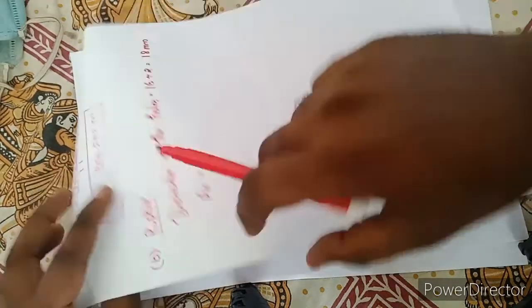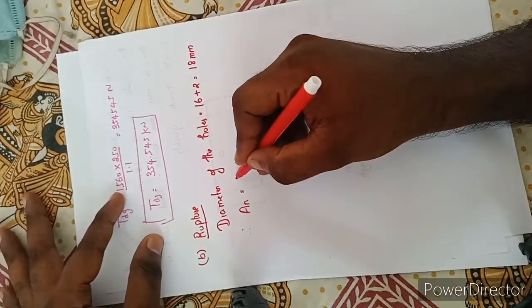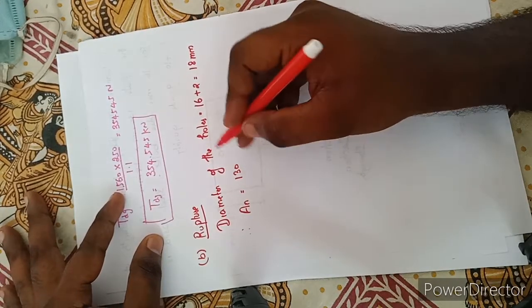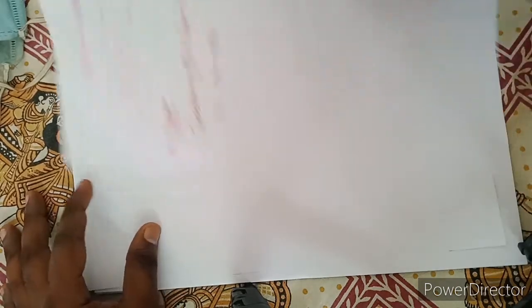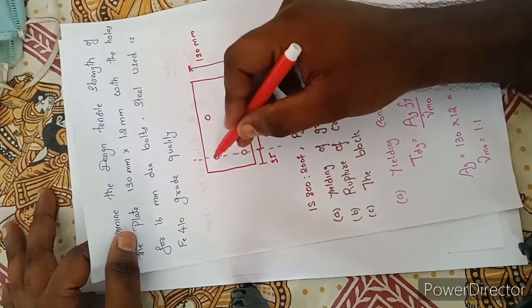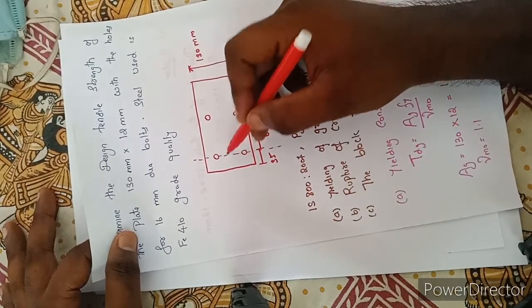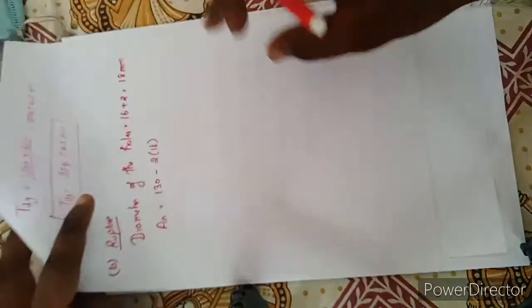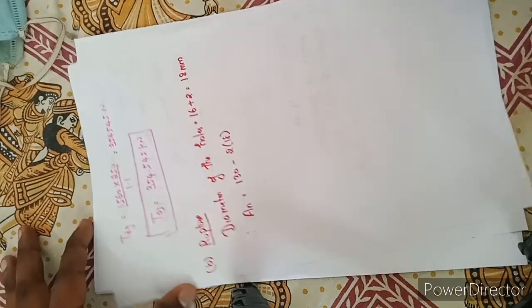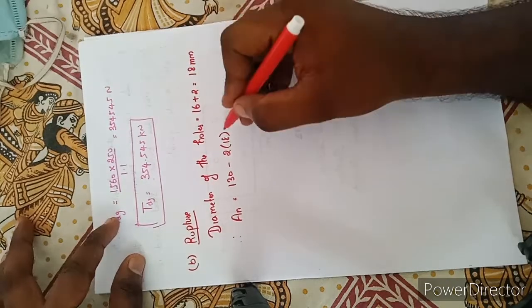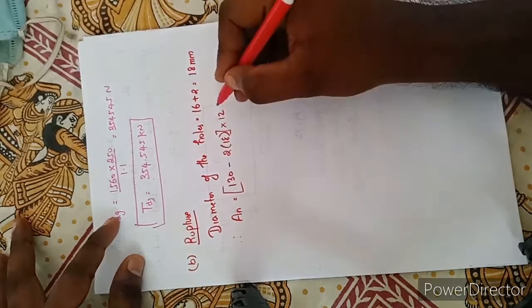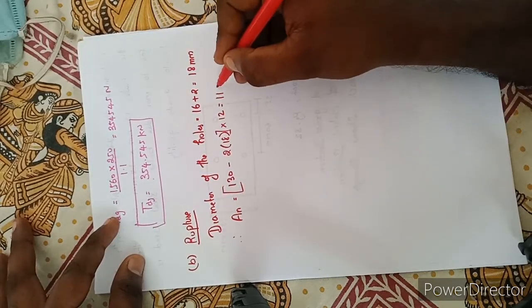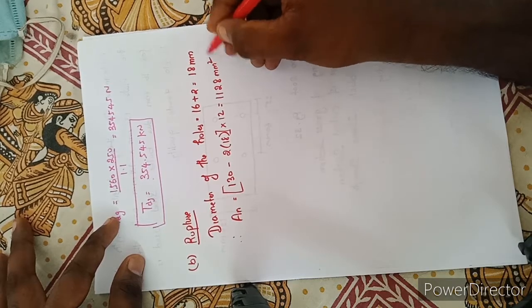So I'll get 130 mm minus 2 into 18, because we have two holes, multiplied by 12, which gives me 1128 mm square.